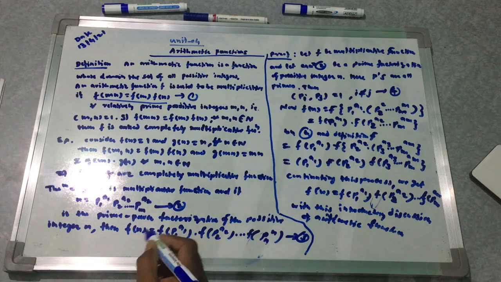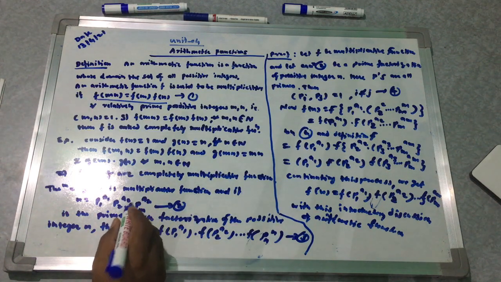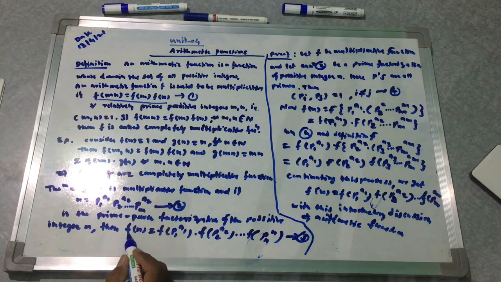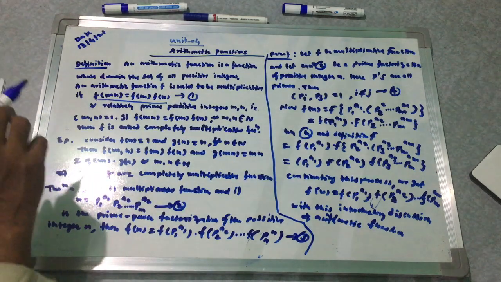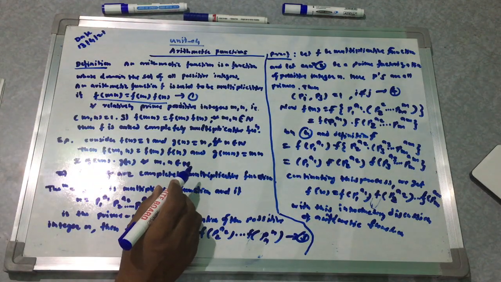So we have to look into this. We have given f of mn is equal to f of m into f of n. So we will look into the proof for this.